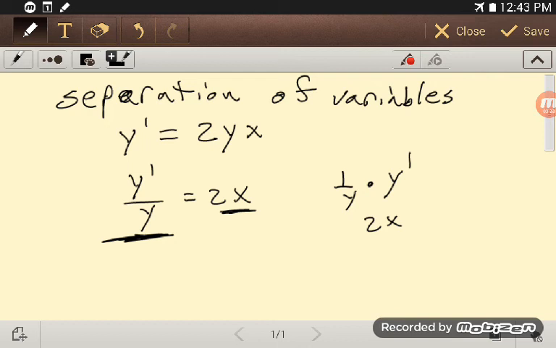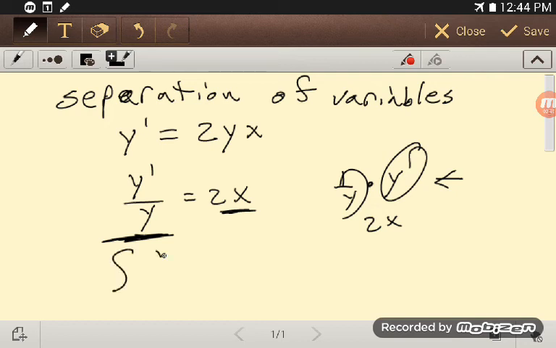One function of x divided by another function of x is a function of x. And so both sides are functions of x, and therefore we could integrate both sides, and at least up to an arbitrary constant we should get the same answer.